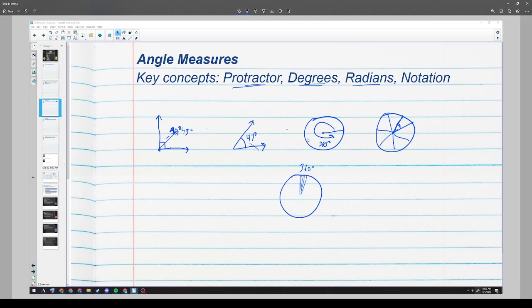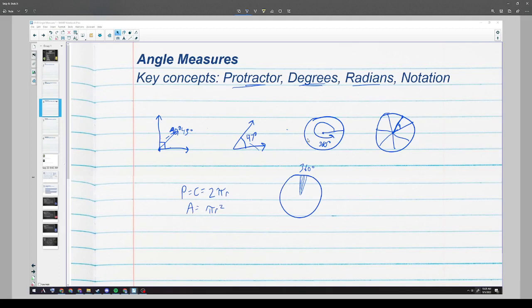But if you recall, we have some formulas for circles, like circumference is 2 times pi times the radius, and area is pi times the radius squared. So circles have this idea of pi baked into them because they just follow pi.